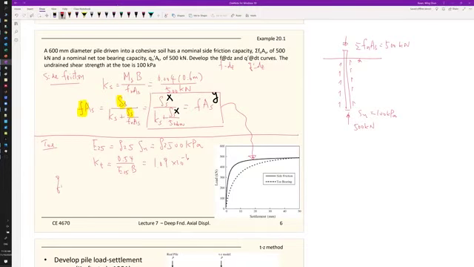And the formulation again is a hyperbolic model: the toe bearing load equals the displacement at the toe, divided by the constant that we just calculated, plus the displacement at the toe again divided by the nominal toe bearing capacity, which is 500 kilonewtons again.